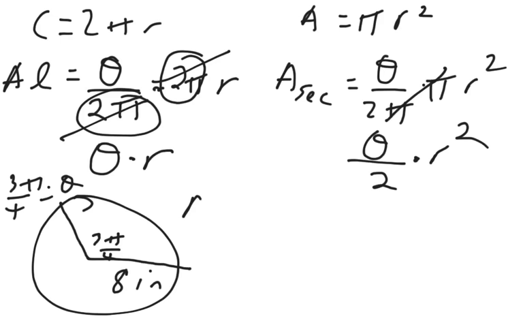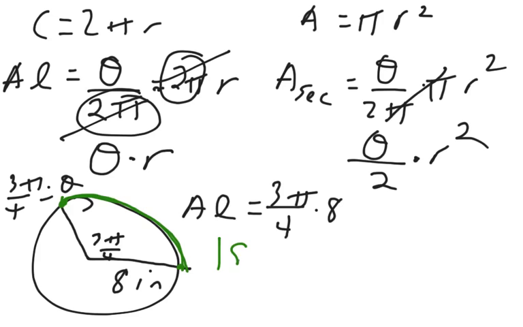So in order to get the arc length, I'm just going to take 3 pi over 4 times 8. And that will give me the distance from A to B. And so the arc length is 18.8 inches.